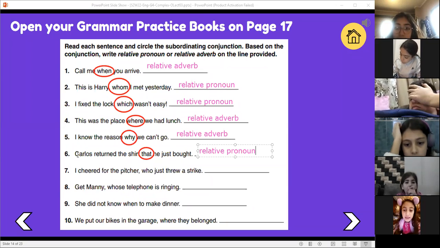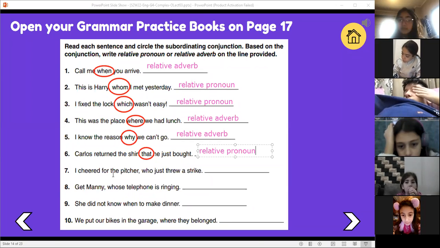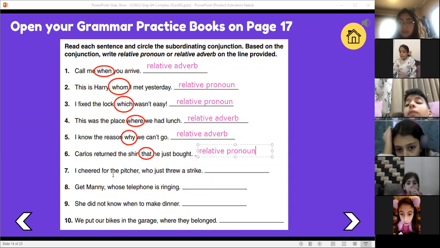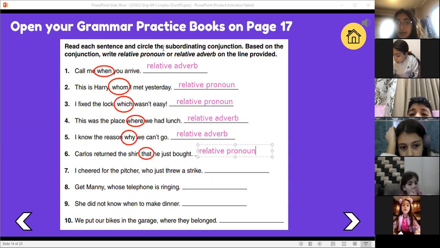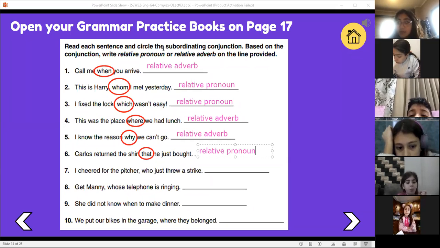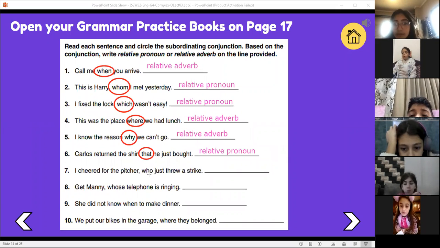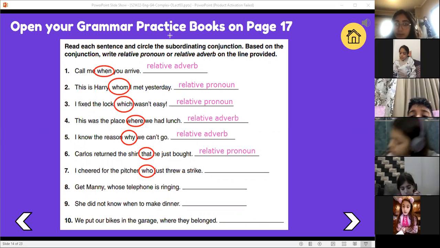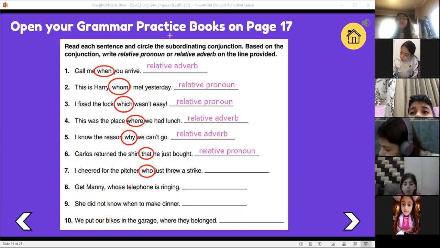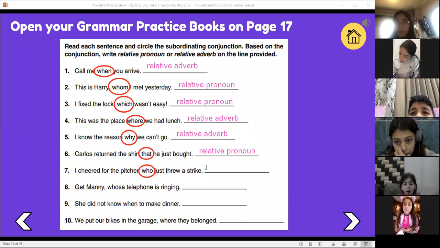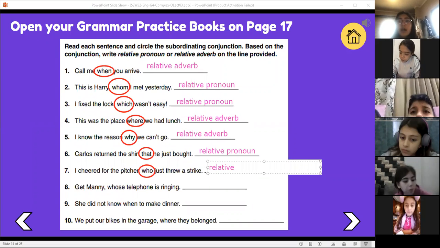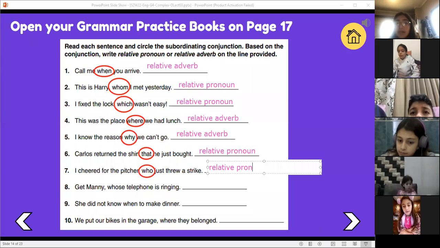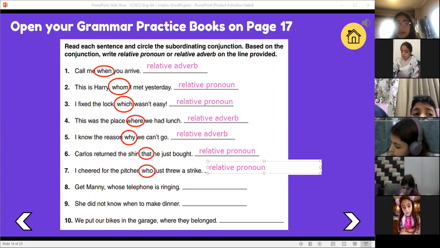Okay. I cheered for the pitcher who just threw a strike. Excellent. Who is a relative pronoun. Because who refers to the pitcher, and the pitcher is a person.